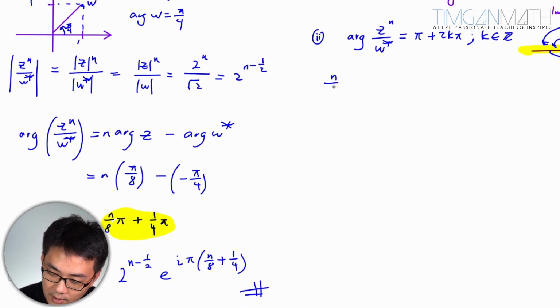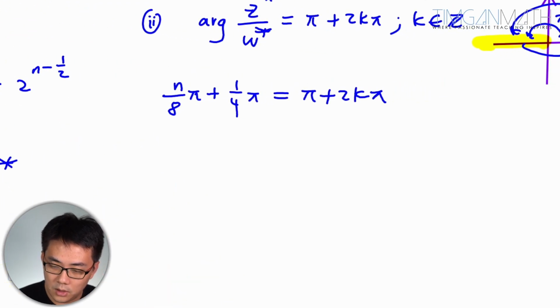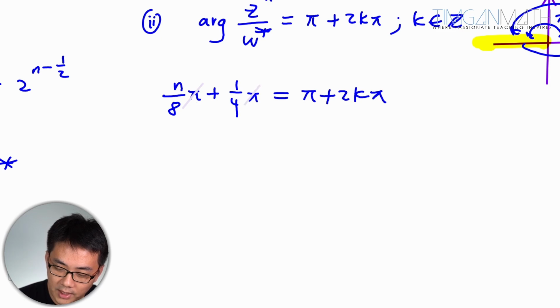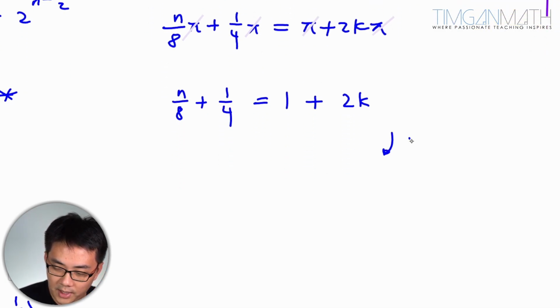So this is n over 8 pi plus 1/4 pi equals pi plus 2k pi. Okay, so once this is done, just cancel all the pi. Everyone has got the pi, just cancel the pi. Make sure you cancel it nicely. So it's n over 8 plus 1 over 4 equals 1 plus 2k. Multiply by 8. Actually, you can just do whatever you want to do here.